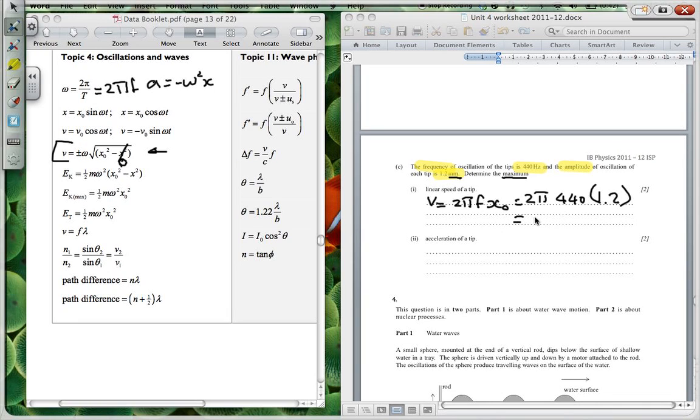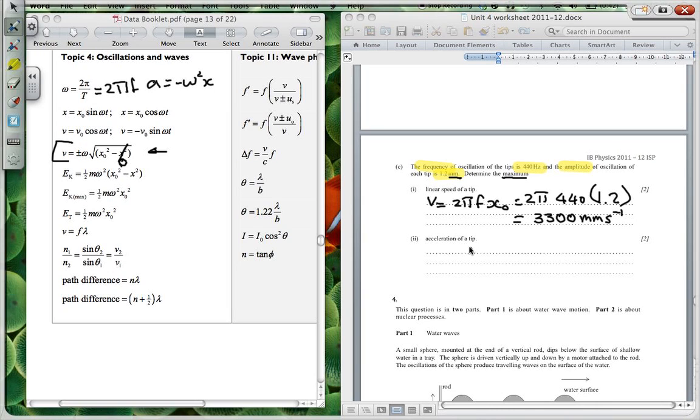If I converted that millimeters into meters, I'll get that. Obviously that's going to be 3,300 millimeters per second, like that, if I was doing it in millimeters.